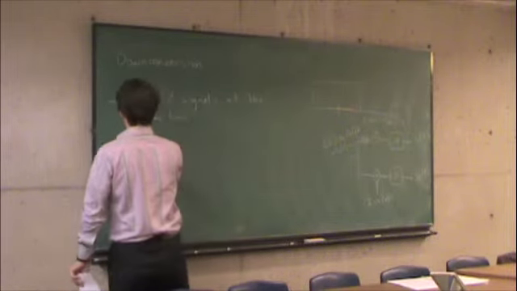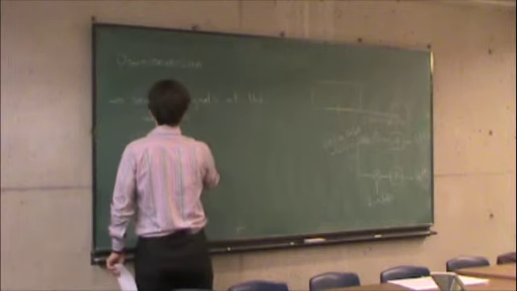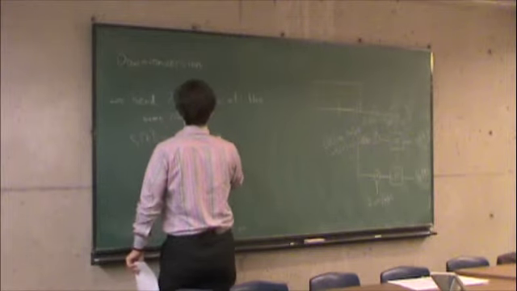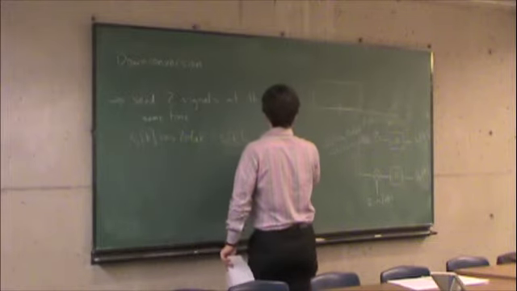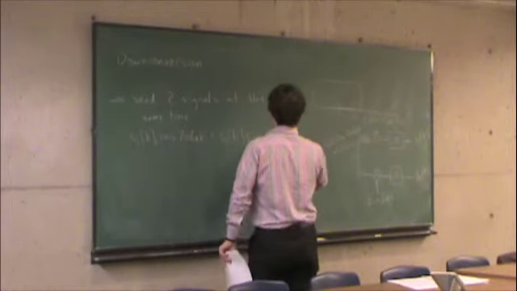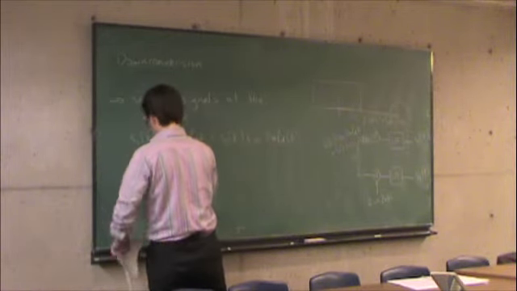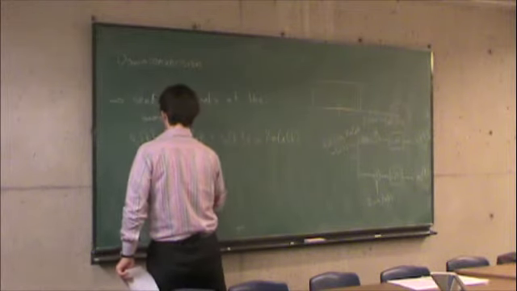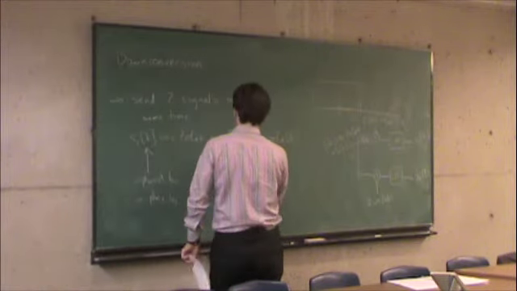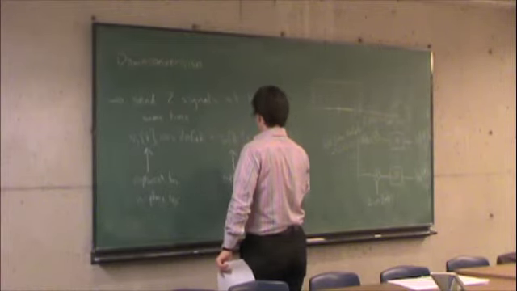What we do is we send S1 of k cos 2 pi f d k plus S2 of k sine 2 pi f d k, and then S1 is captured by the in-phase leg of the digital down converter, and S2 is captured by the quadrature leg.